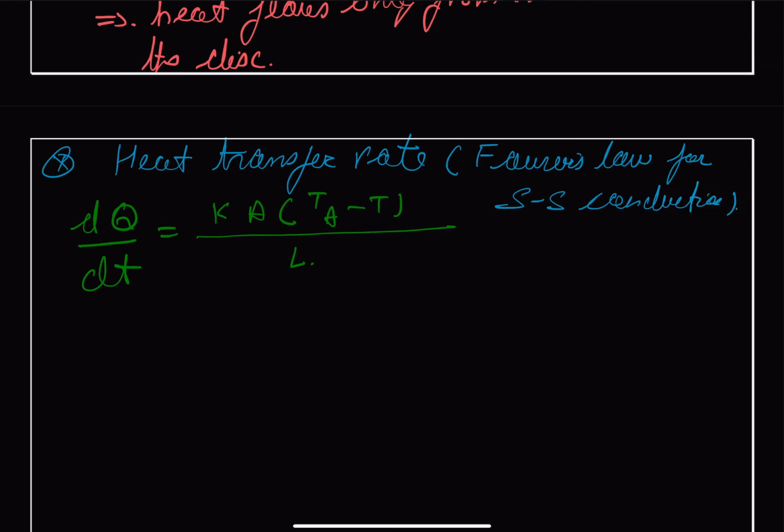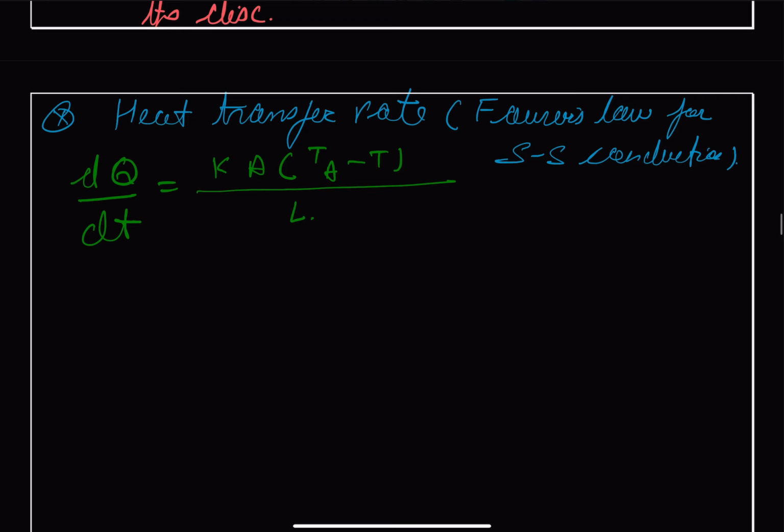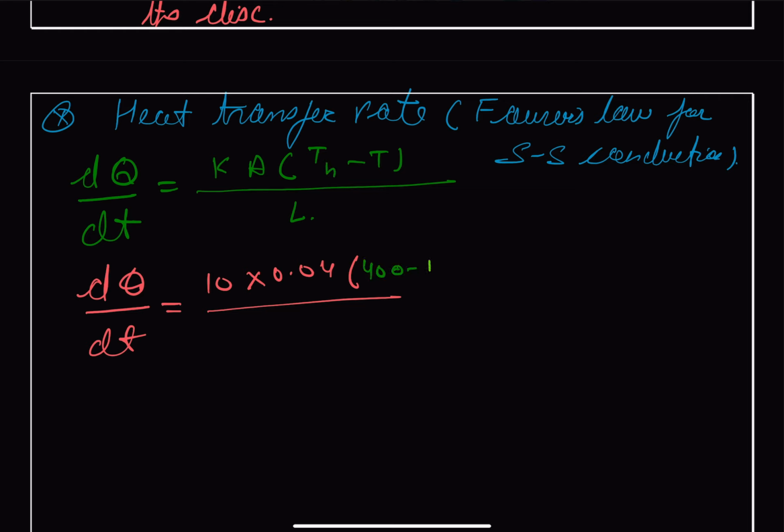And we substitute the values, we get dQ by dt equal to 10 multiplied by the area 0.04, and the temperature, this is TH, not A, this is 400 minus T, and the length is 0.4.